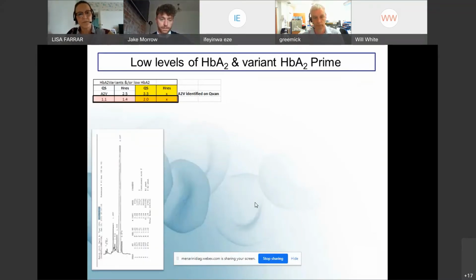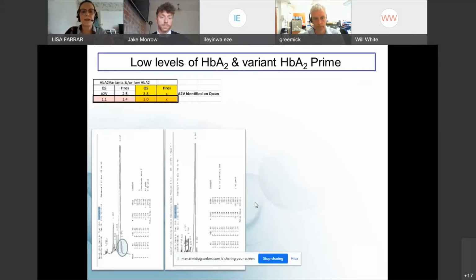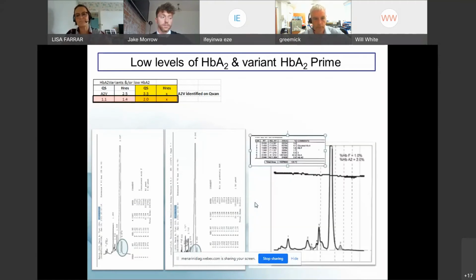So this is the quick scan mode, and by looking at the resolution of the A2 from the large hemoglobin A peak, you can see that some of the A2 percentage could be lost by this lack of resolution. We ran that on the high resolution scan, and again the separation was better and the resolution was better, so it increased to 1.4%, but it still wasn't an adequate resolution or quantification.